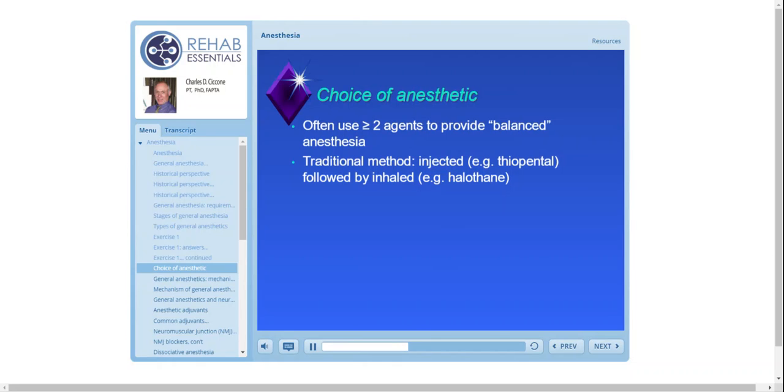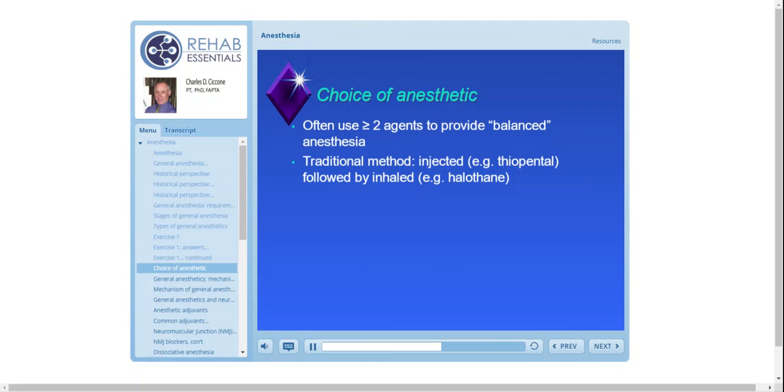This gives us real advantage because the injected agents, the advantage to the injection is we'll get the patient under the anesthesia very quickly, but by just giving a small amount, we don't want to overdo it. The disadvantage of injecting is if you give too much, it can have many adverse effects that you have to ride out. You don't really have a way to resolve that.